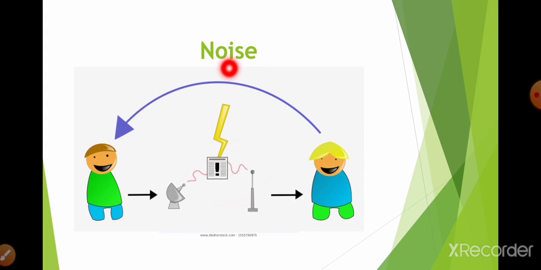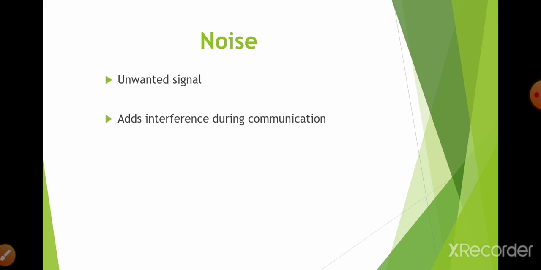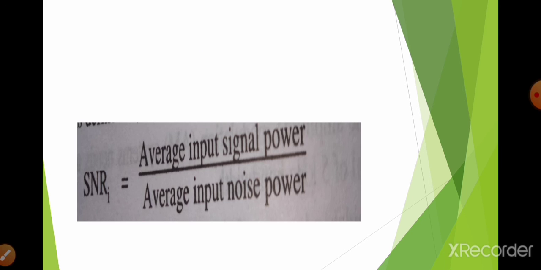So noise is an unwanted signal that is added to the information. It adds interference and disturbance in the communication. It is added during the transmission.